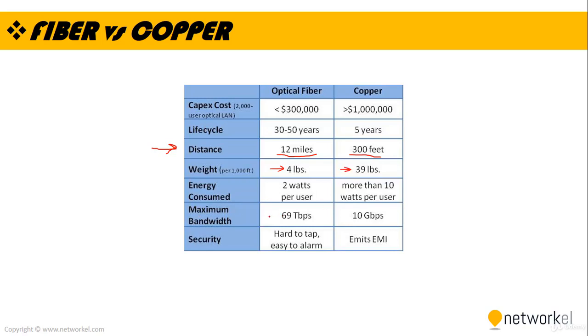The maximum bandwidth that optical fiber can provide is 69 terabit per second, which is much higher than the 10 gigabit per second. But optical fiber is hard to tap and easy to alarm, but copper emits the EMI, electromagnetic interference.